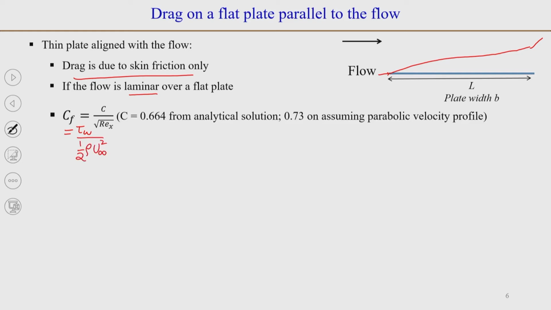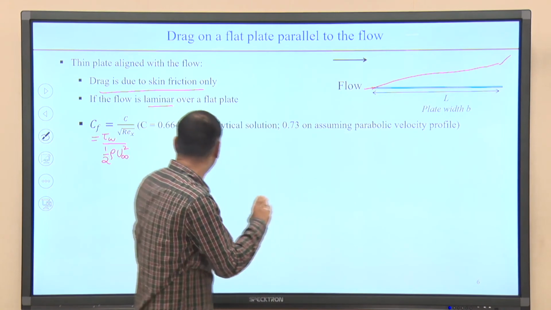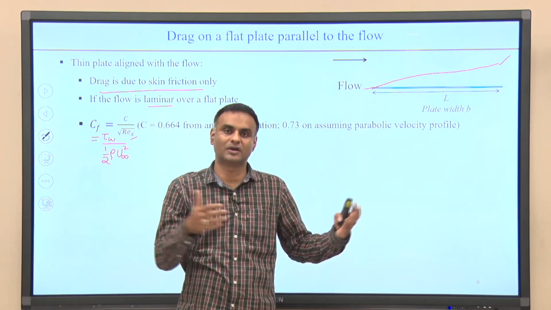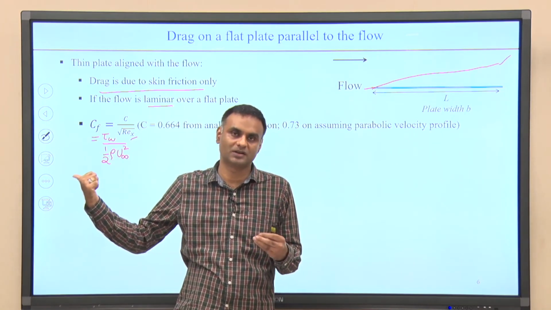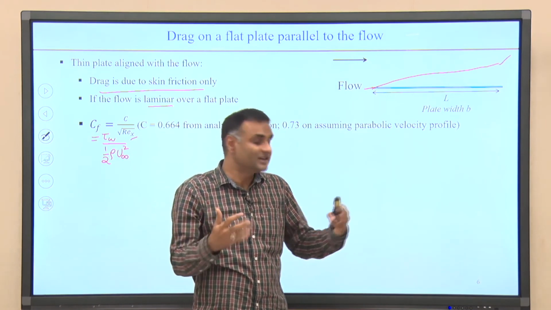So, you have another CF here, which is the skin friction coefficient, and it varies with x, whereas drag is not a local quantity. CF is a local quantity, it depends on x. CD will be an integral quantity.